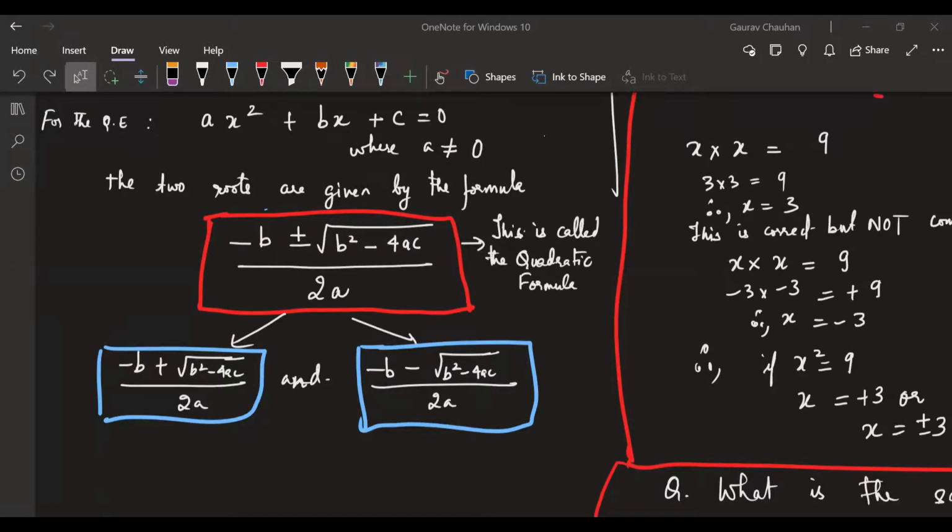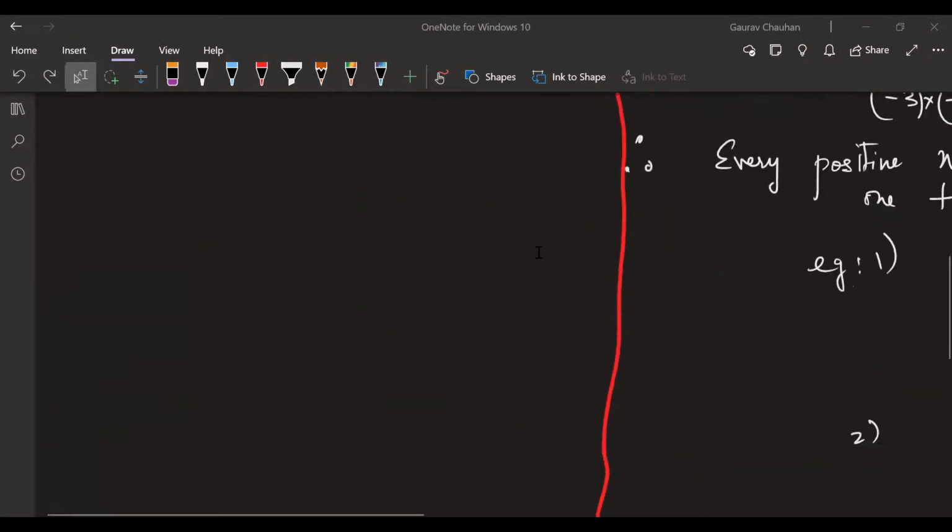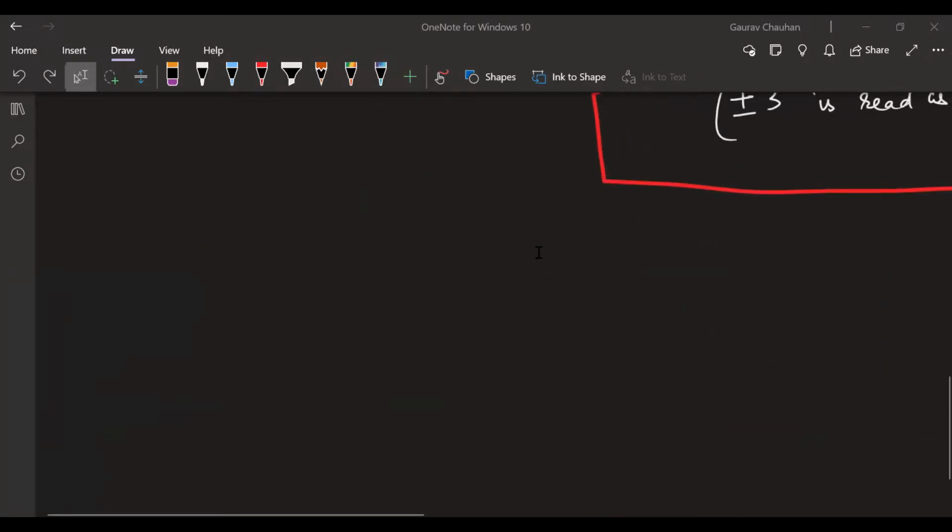All right, guys, moving ahead. Let's write down our first question. This is example 13 of the textbook. The question is: find the roots. This is a very interesting way the question is framed. That's going to teach us something about our next objective also.